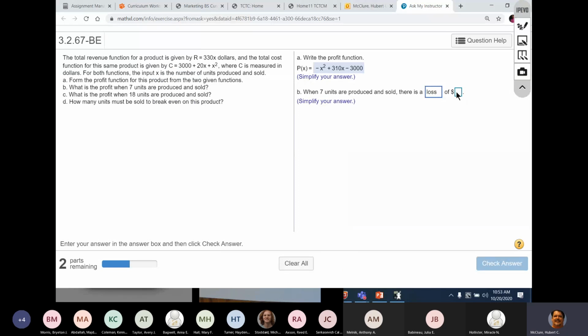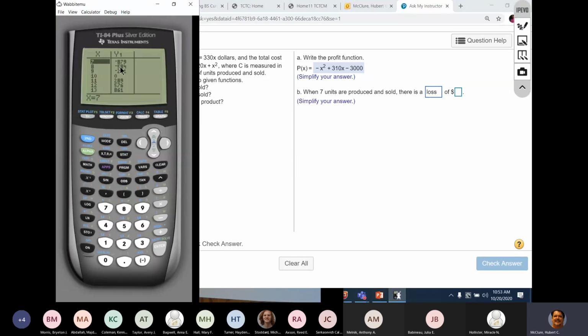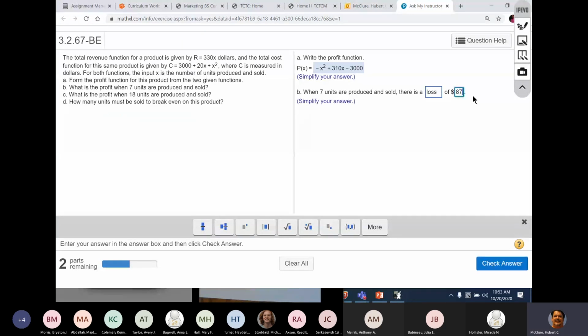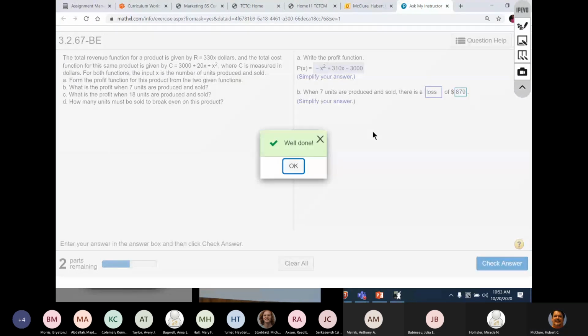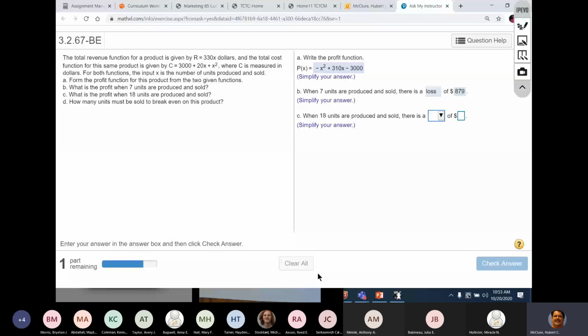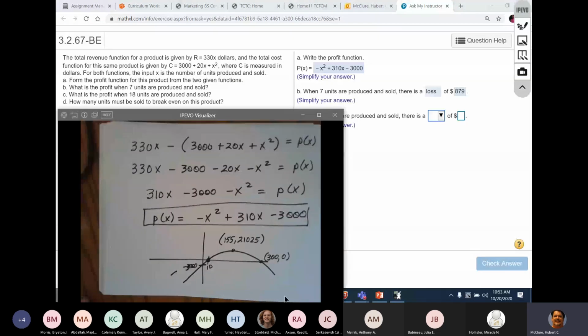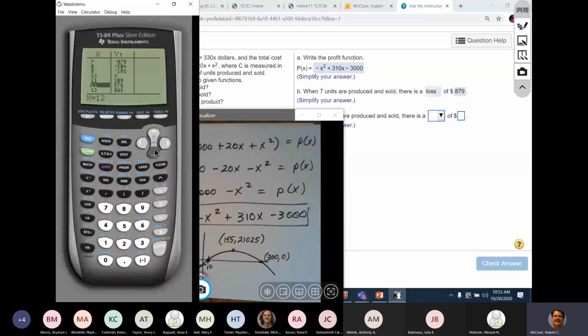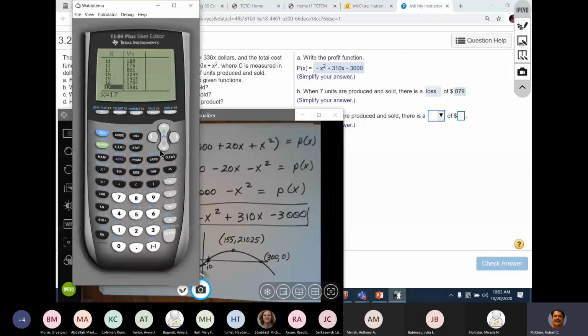There is a loss of 879. Now 18 units, go back to the calculator, 18 units. A profit of $22.56.